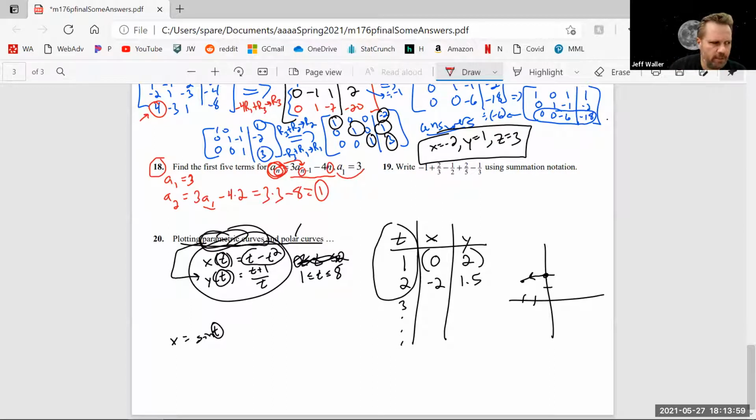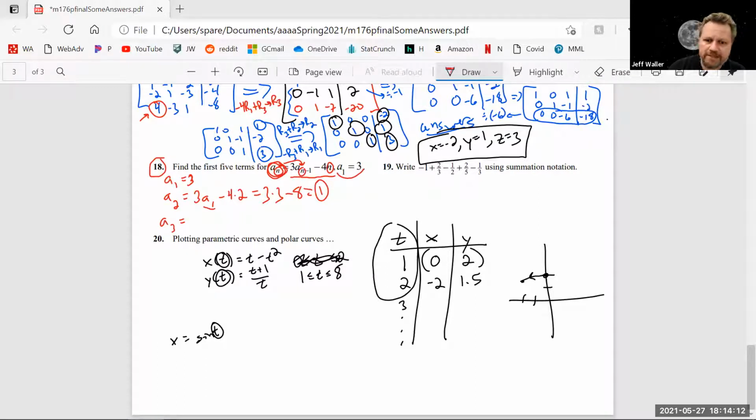So what about A3? What's n now if I write A3? It's 3. So again, all I'm doing, it wants the first 5 terms, right? So I know the first term is 3.